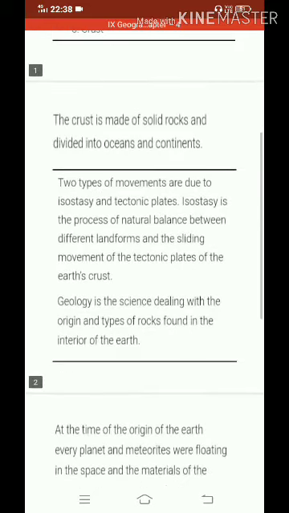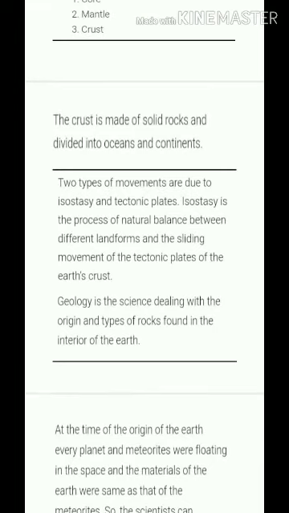So these are the factors, and on the basis of these factors, the layers of the earth are divided into three parts: core, mantle, crust. The crust is made of solid rocks and divided into ocean and continents. On the basis of the study of earthquake waves and varying density, the crust is the outermost solid layer of the earth.